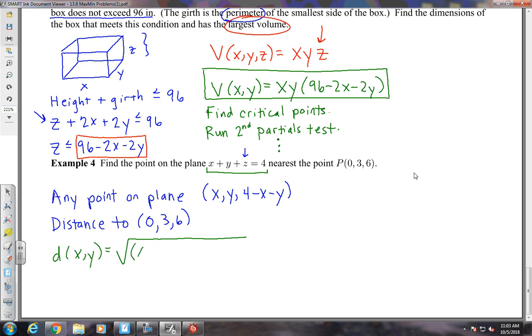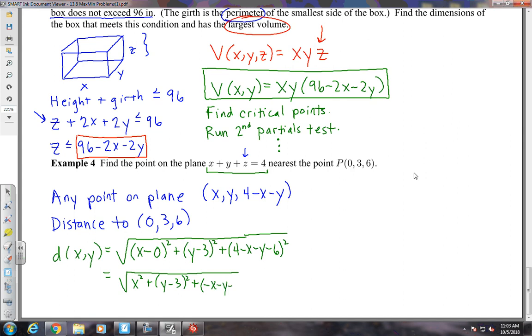So we would take first component of my first point x minus first component of the given point 0 and square it, plus the difference between our y components squared and the difference between our z components squared. Okay? If we simplify that, we end up with x squared plus y minus 3 squared plus negative x minus y minus 2 squared. So we have a two-variable function that we need to minimize.